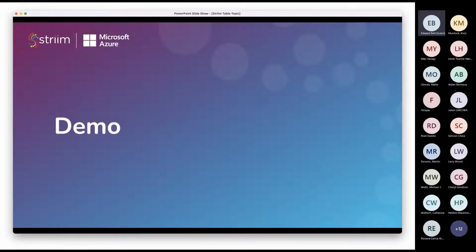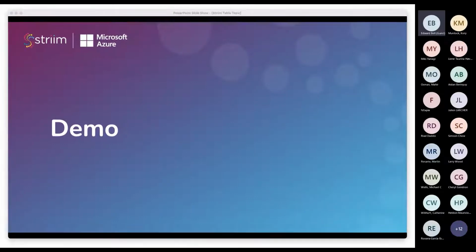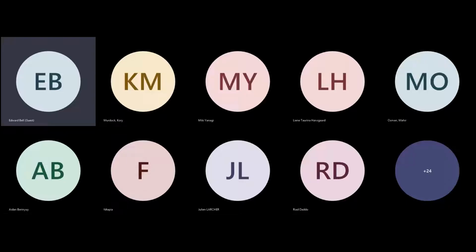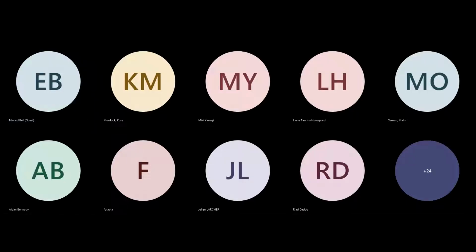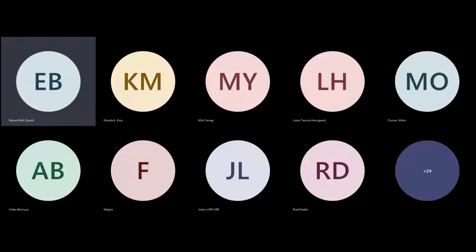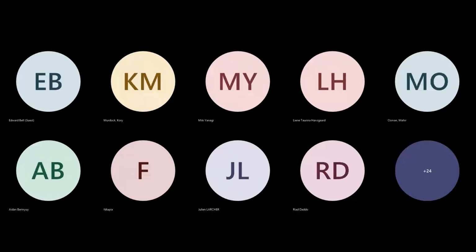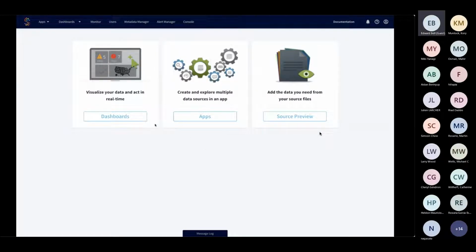So with all that said, let's go ahead and dive into the more interesting part here of a demo. So let me share a different screen. As I've been talking about, this is the Striim fully managed SaaS running within Azure.